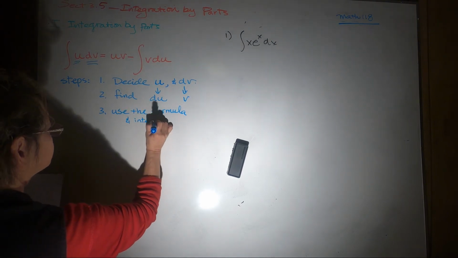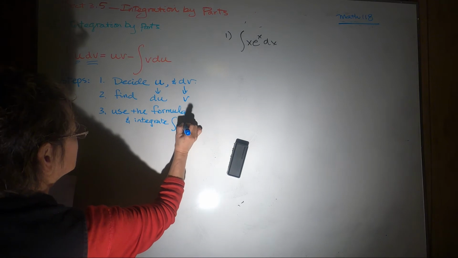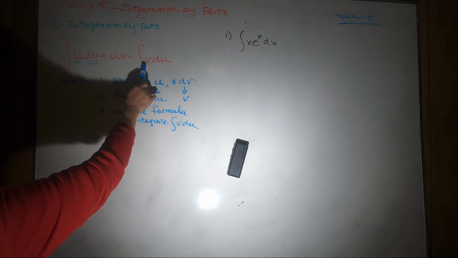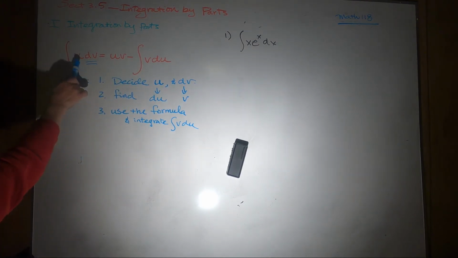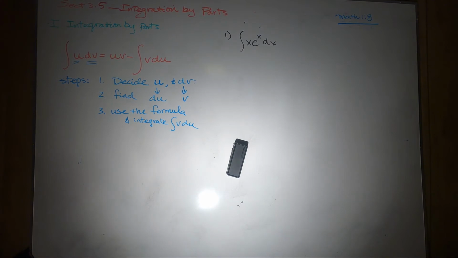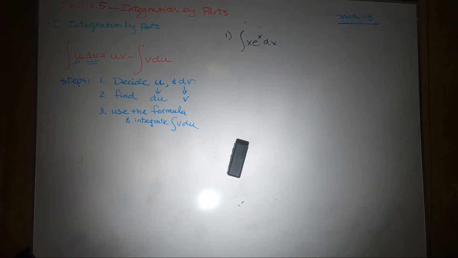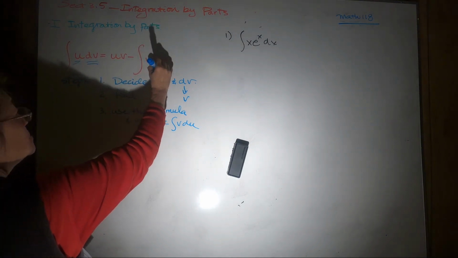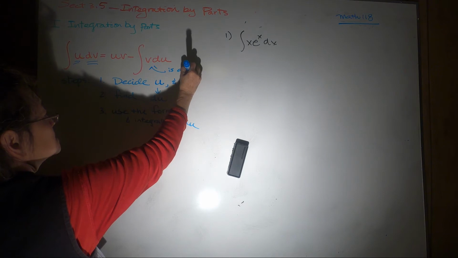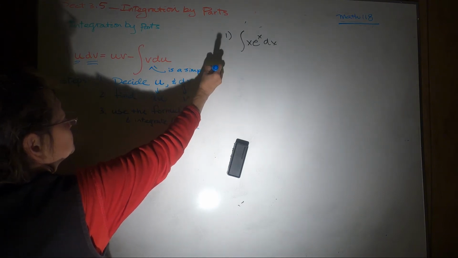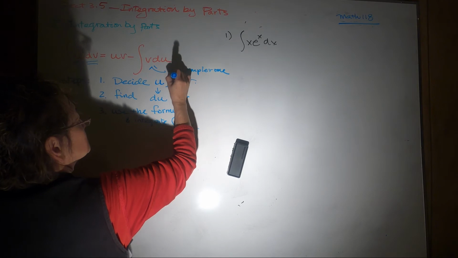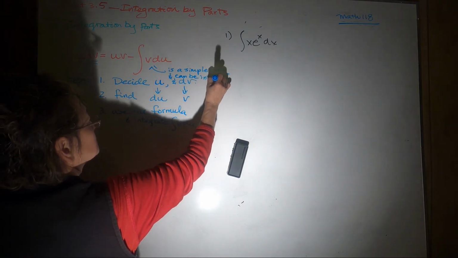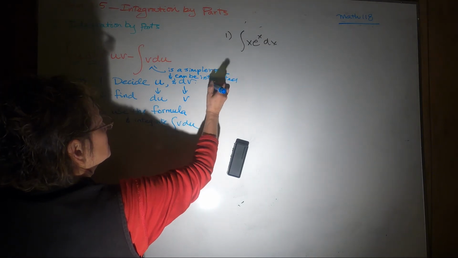And integrate the v du. uv you can just multiply. But if you can integrate this, then you can find this. That means if we can make this become this and this, then this one is a simpler one and can be integrated easier.